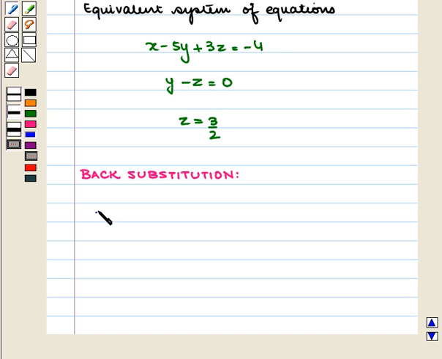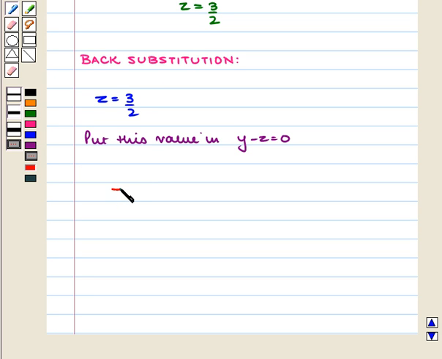We have z equal to 3 by 2. Put this value in y minus z equal to 0. We get y minus 3 by 2 equal to 0, which implies y is equal to 3 by 2.